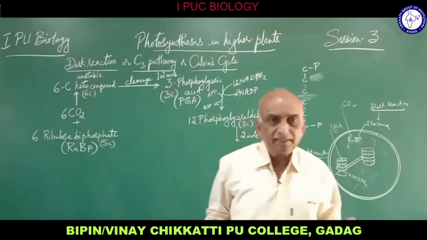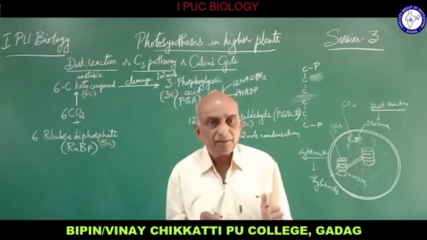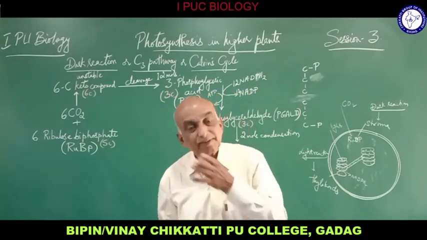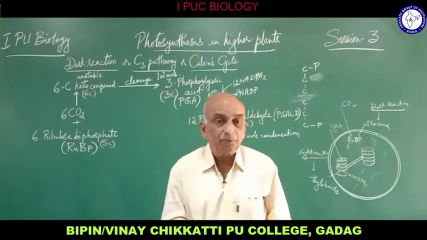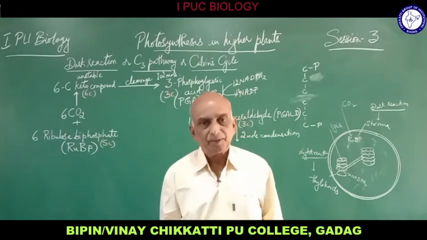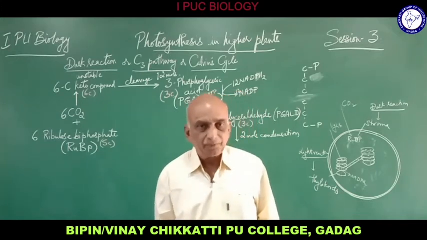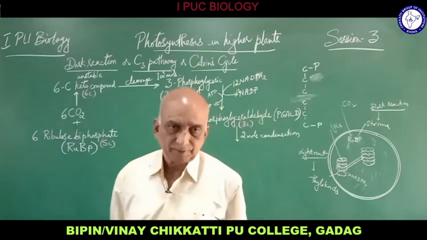Now we are not studying the details of that process. So fructose diphosphate forms fructose 6-phosphate by releasing 1 phosphate. Then fructose 6-phosphate forms glucose 6-phosphate by isomerization. Fructose is converted into its isomer glucose.